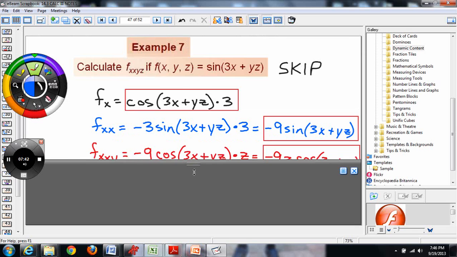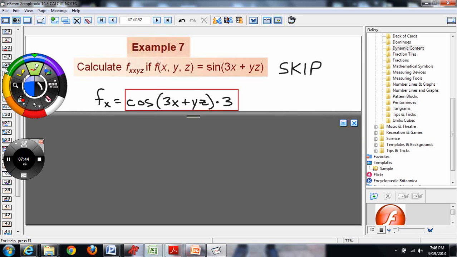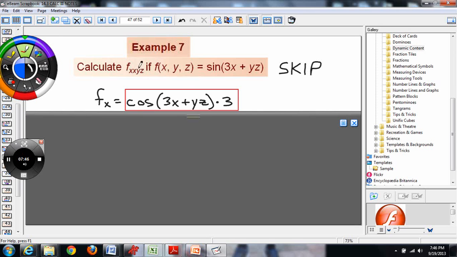Now let's look at this one, and this is no different. This one just took me a billion years to write. But all you do is just do it right in order, just the way it's written, the notation. It's not hard, you just have to pay attention to details. So here's the first one: cosine of that amount times the 3, because that's the 3 in front of the x.